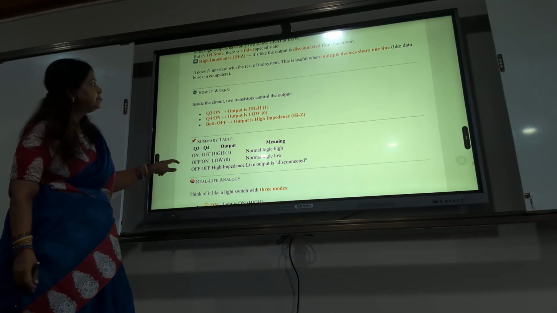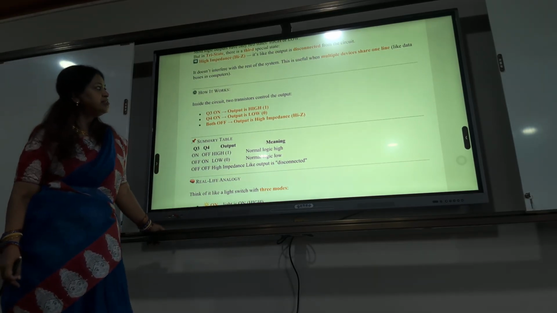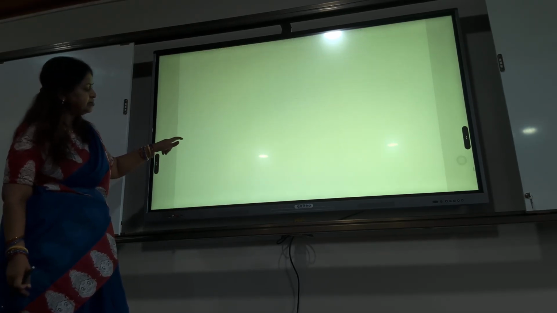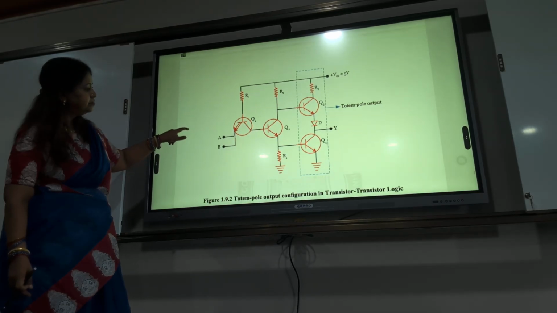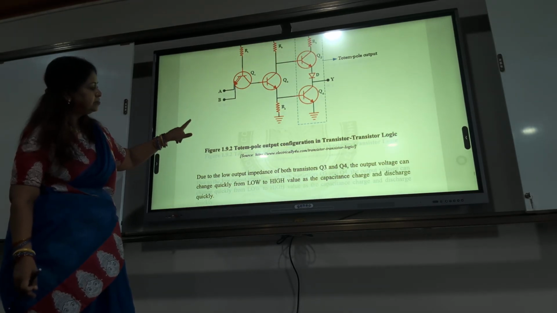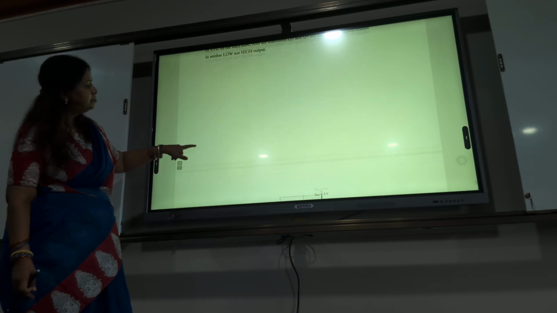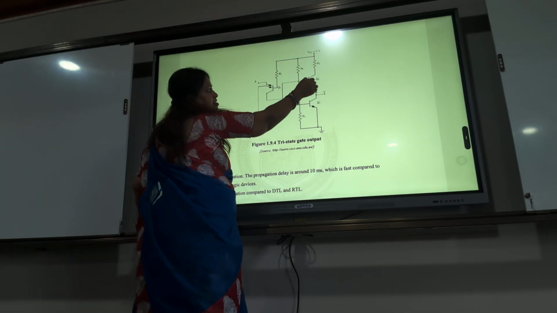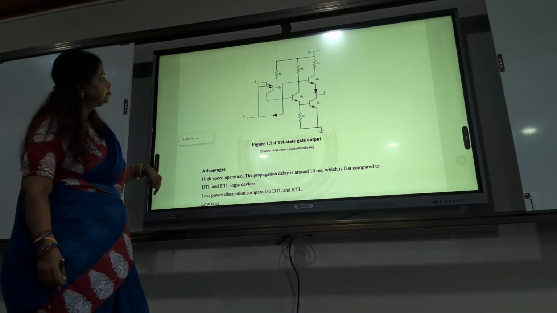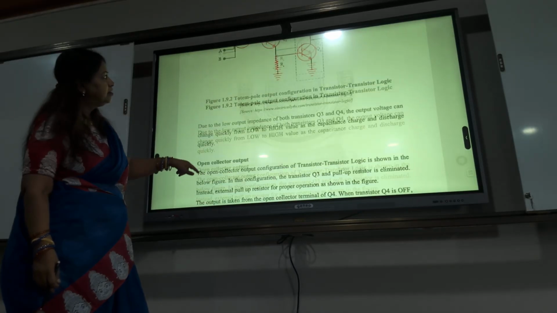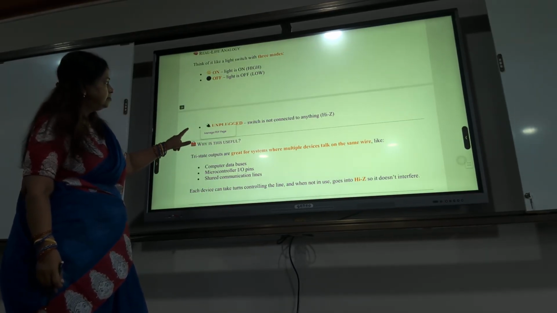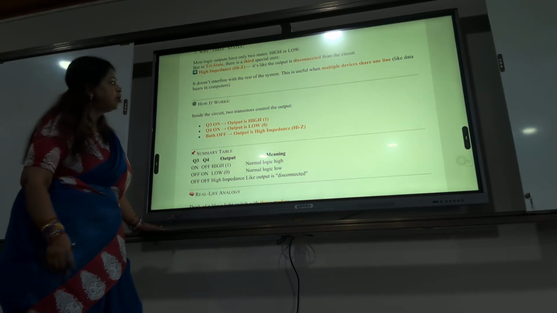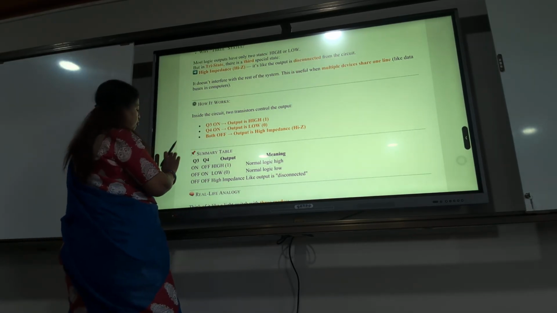How does it work? Inside the circuit, two transistors control the output. Let us see the circuit first. This is the tri-state, with Q3 and Q4. So what happens?